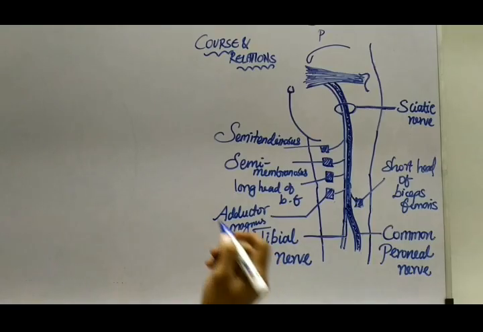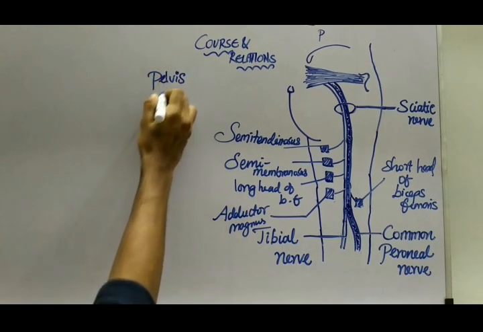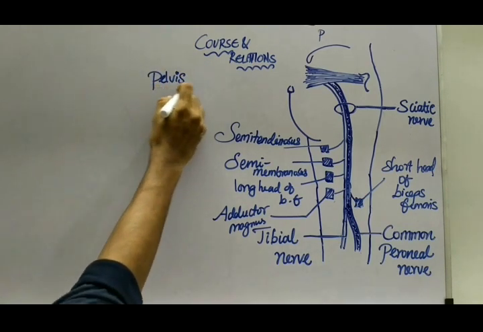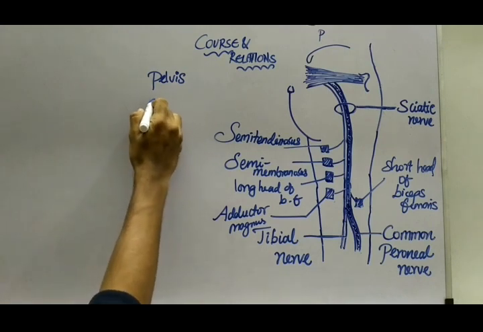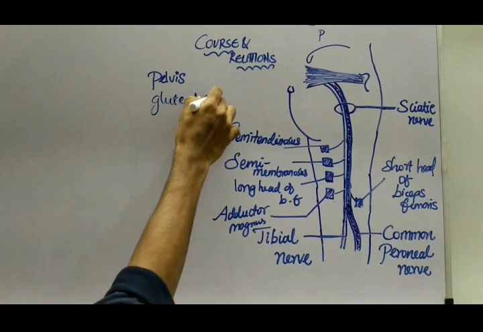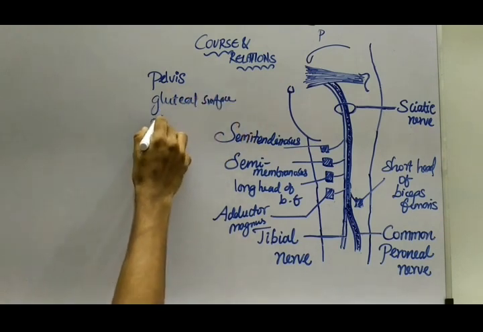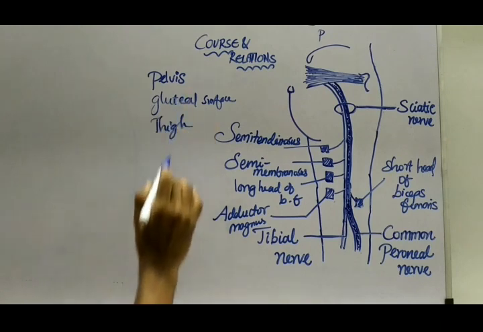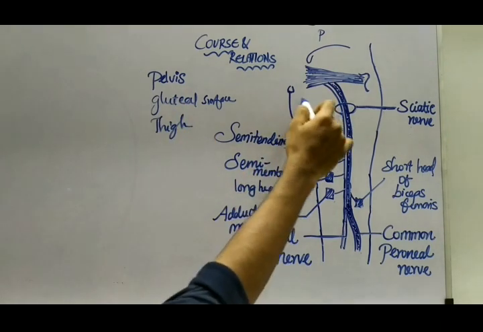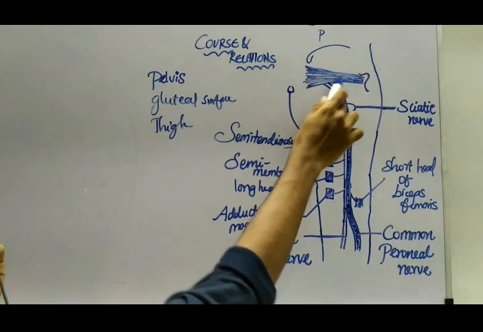The course of the nerve will be: first from the sacral plexus it enters the pelvic region, and then it enters the gluteal region. Then it runs downwards to the posterior compartment of thigh. So here you can look in the pelvic region, it runs anterior to the piriformis muscle.